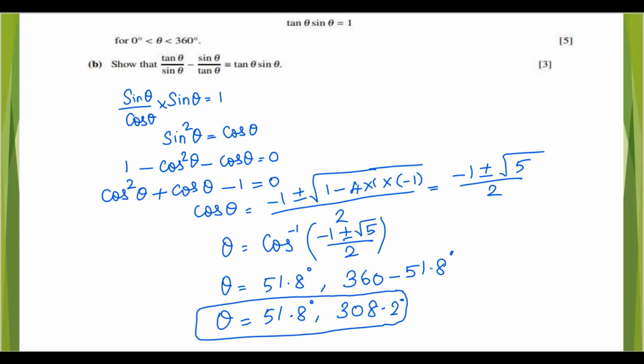The next part of the question is: show that tan theta over sin theta minus sin theta over tan theta equals tan theta multiplied by sin theta.